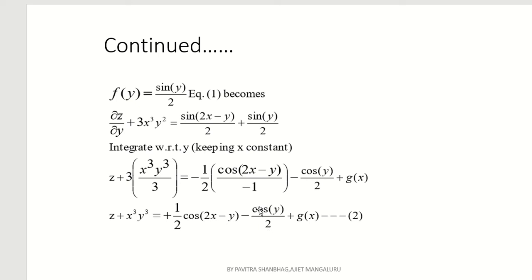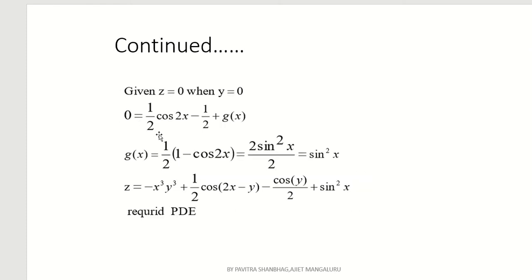Cos 0 means 1, so minus 1/2 remains, plus g(x). So what will we get? g(x) equals 1/2 minus 1/2 cos 2x, or (1 − cos 2x)/2. But 1 − cos 2x is nothing but 2 sin²x. 2 sin²x by 2, the 2 gets cancelled, and the remaining term is sin²x.